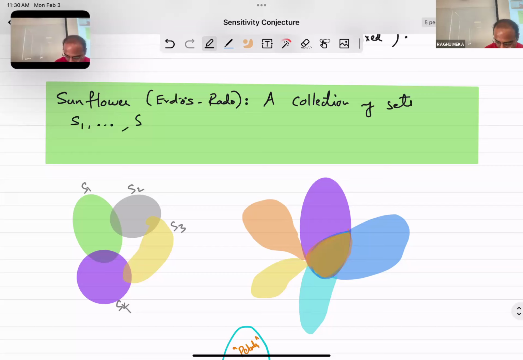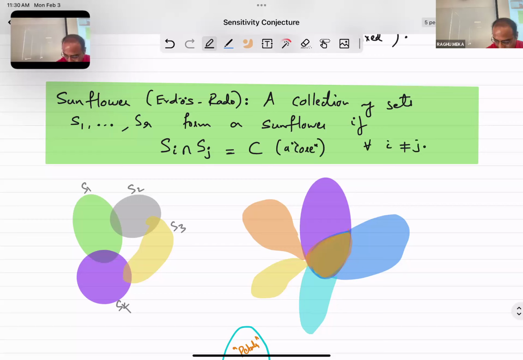S1 through SR form a sunflower if, okay, for any two sets, they only intersect in one core.